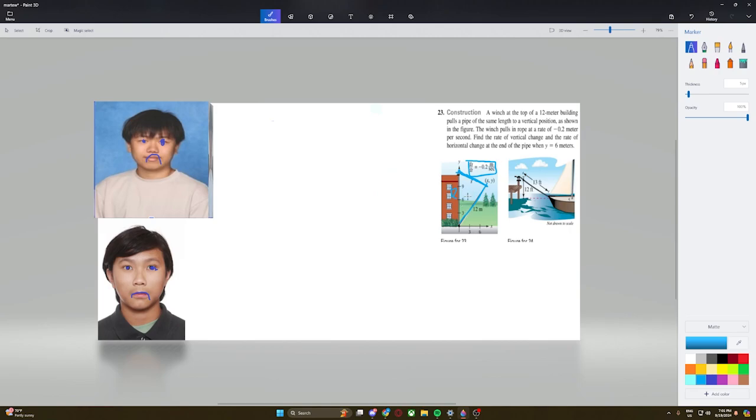So the first thing we're gonna do, and it's asking the change in the speed of the height and x at height equals 6, so right here, realistically it would be here. So it's asking for when the rod is at 6.